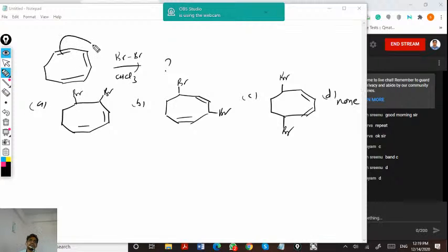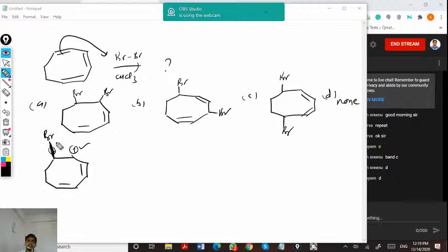Initially the pi bond will attack the bromine. Resulting in carbocation generation. There are two possibilities of carbocations. This is an allyl carbocation, which is more stable compared to this one. So bromine will attack here.